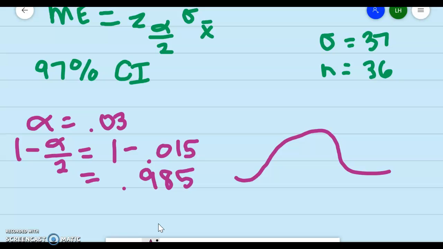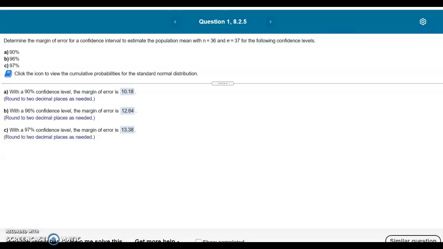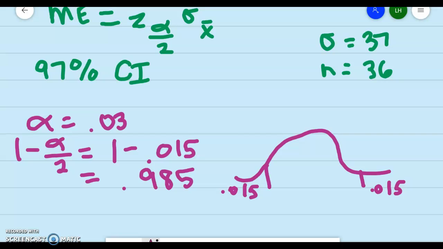We're looking up on a table and we know that each side, for alpha, is 0.015. And we want to know the probability, all the way up to a certain z value.